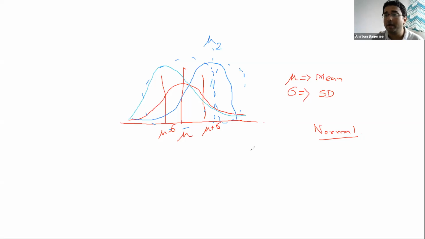It is the other way around: this one is negatively skewed, and the one I'm drawing right now is positively skewed, right? Yeah. Sorry, my mistake. So here, this is my positive skew.